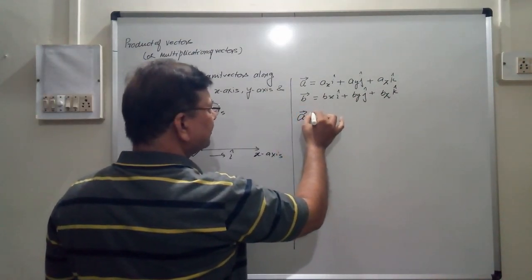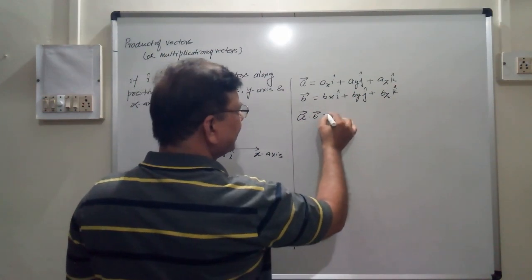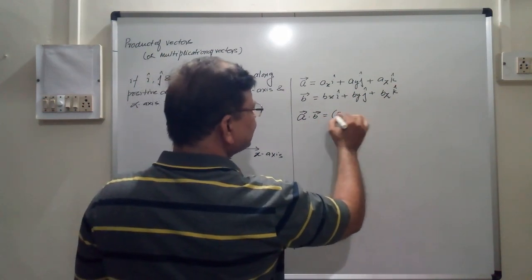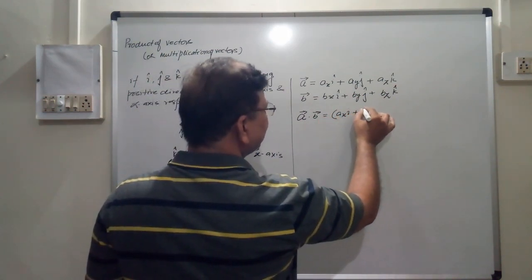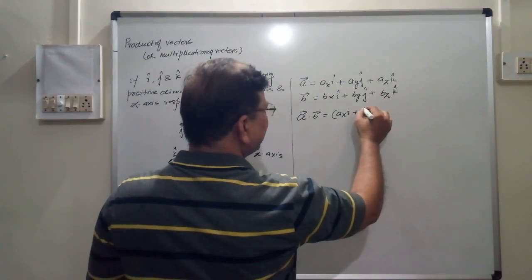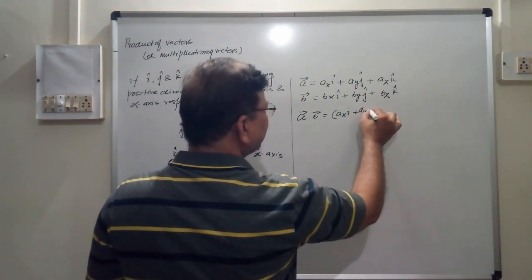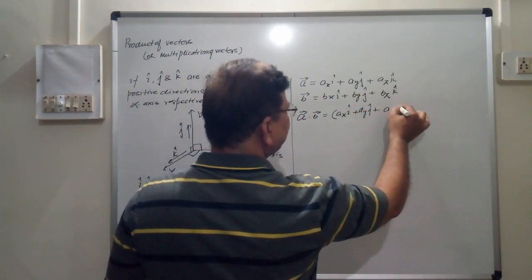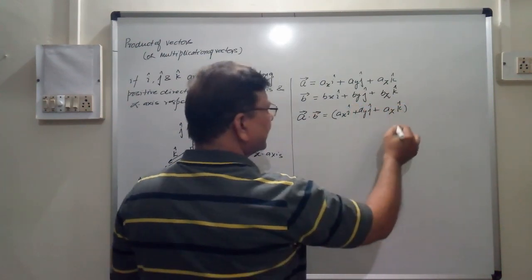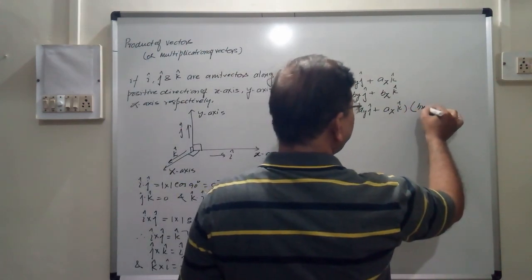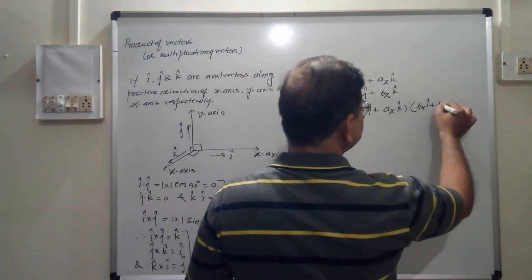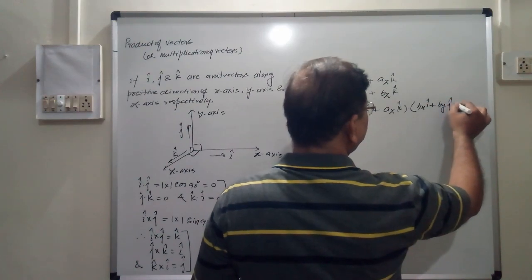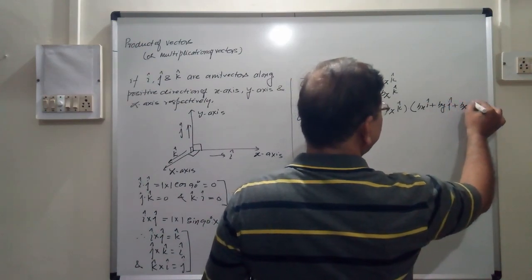So A dot B, right? It can be written as AXI plus AYJ plus AZK dot BXI plus BYJ plus BZK.